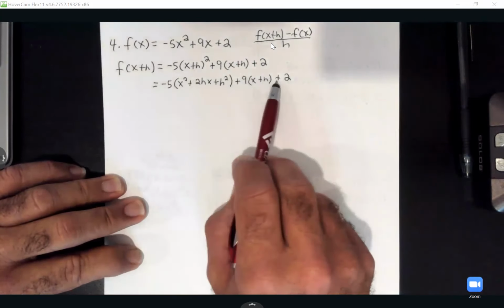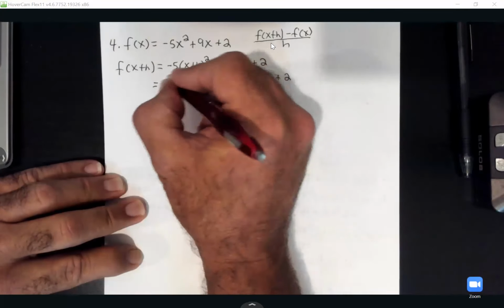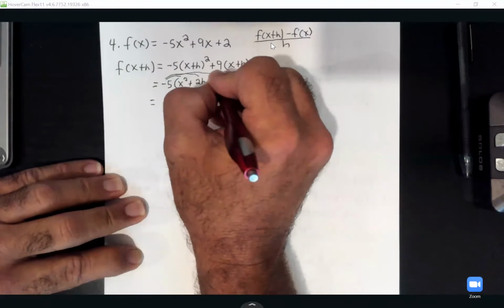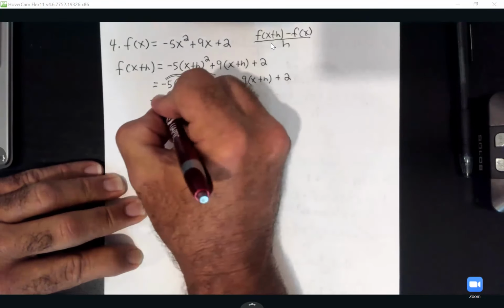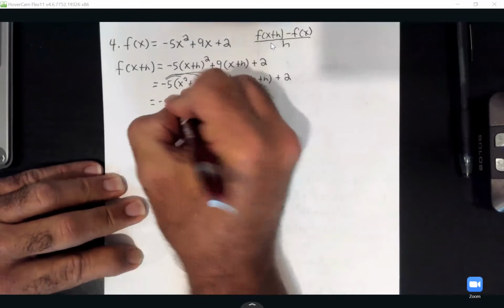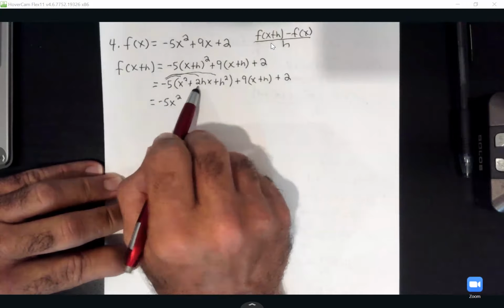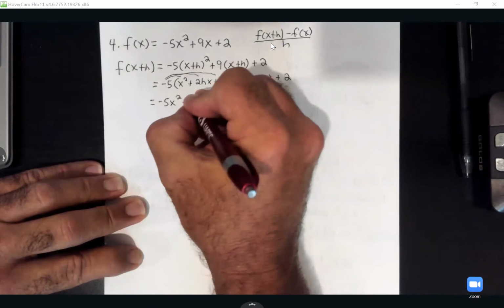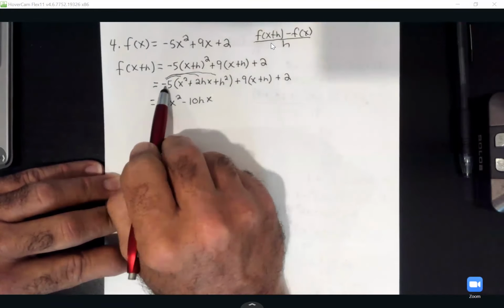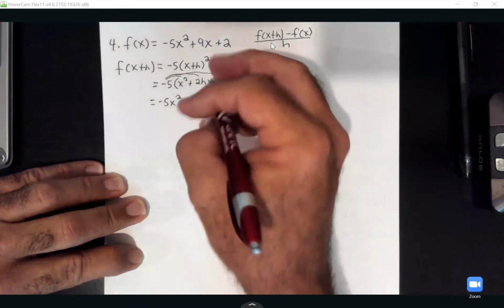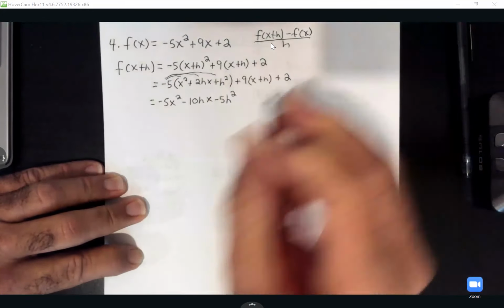Now we're going to get rid of the parentheses. We're going to distribute negative 5 in the first parentheses. So negative 5 times x squared is a negative 5x squared. Negative 5 times 2hx is a negative 10hx. Negative 5 times h squared is a negative 5h squared.